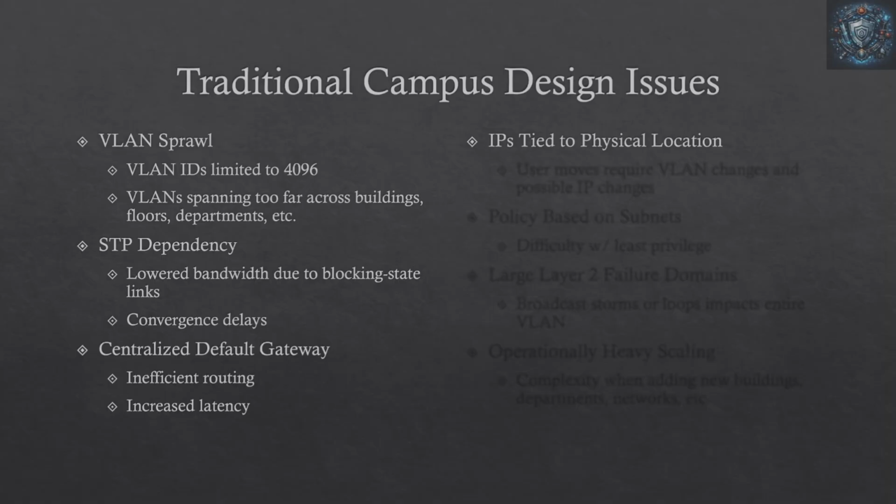Next, we have the issue of IPs being tied to a physical location, which means if a user moves, that's most likely going to require a VLAN change and then almost always going to require a change in an IP address too.